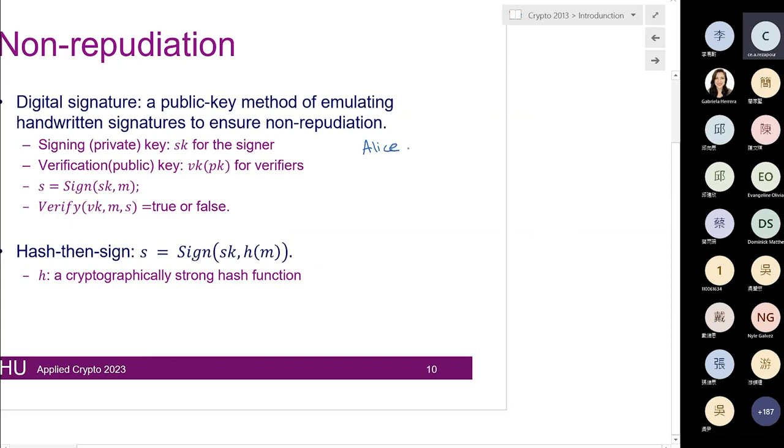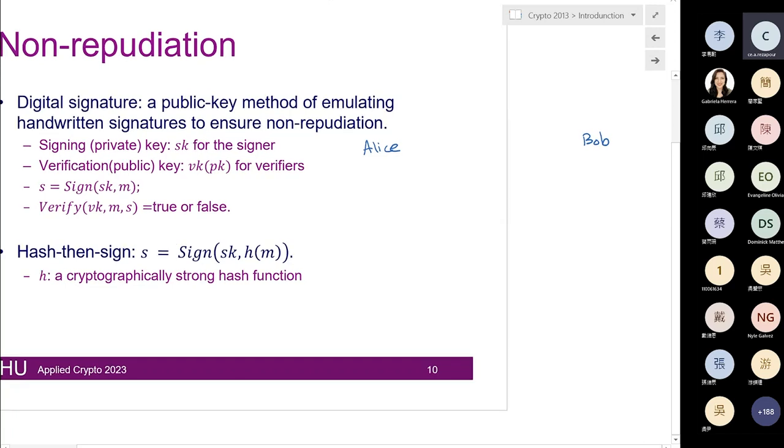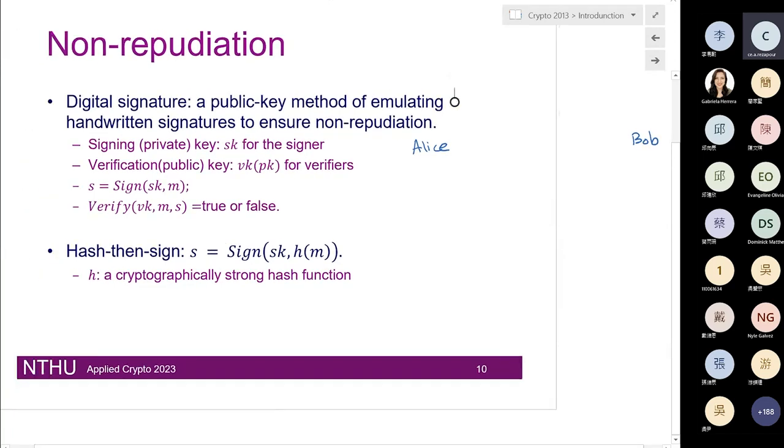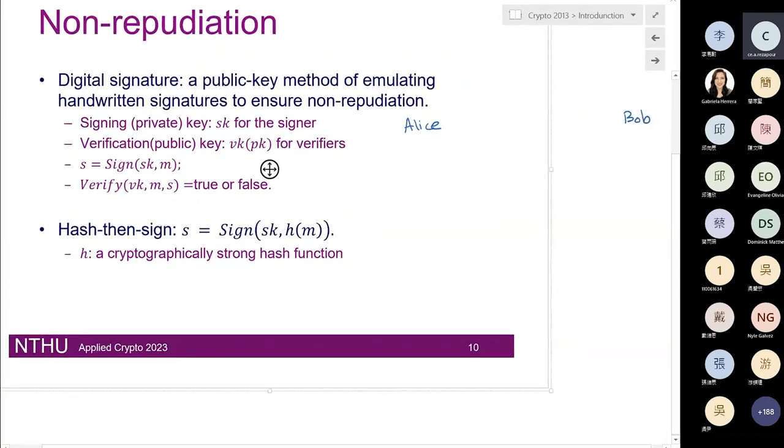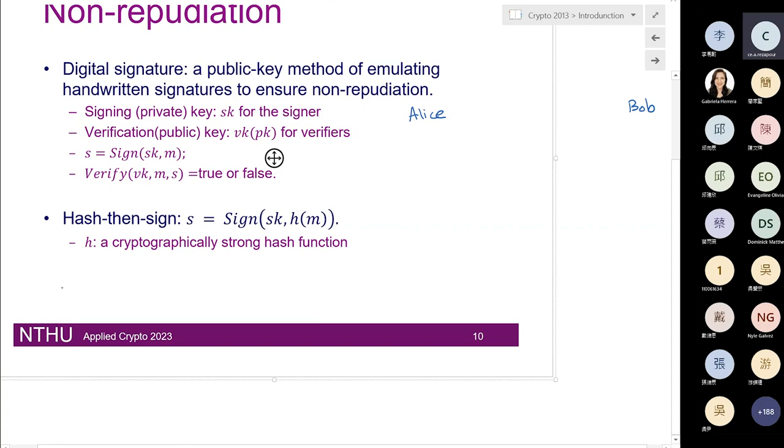So again, let's draw this Alice and Bob communication. Imagine that Alice now wants to sign something for Bob. Just like public key cryptography, digital signature is developed using a public key. Which means that we would again have a public repository where every user would generate a public key and a private key.